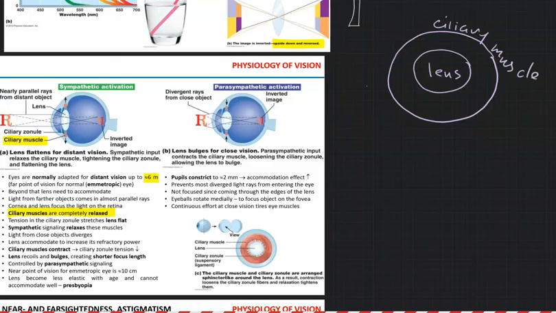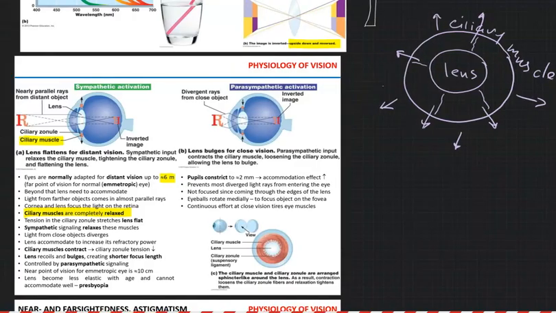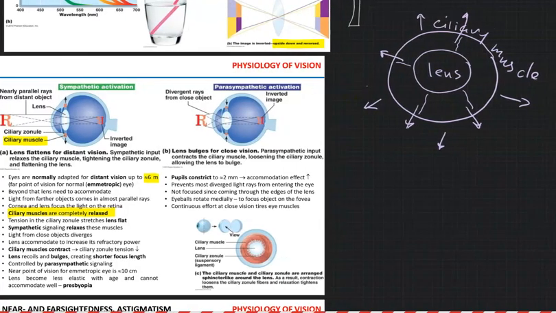So the ciliary muscle relaxes and its diameter increases. So the ciliary zonules become tense because the muscle pulls on them. Make sense? So what happens to the shape of your lens? It becomes flattened.